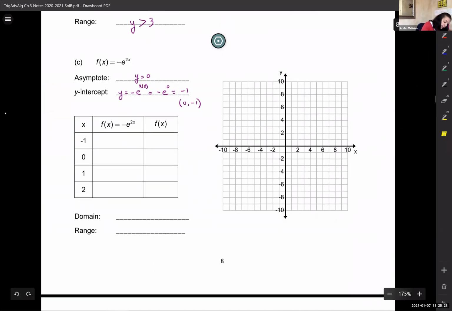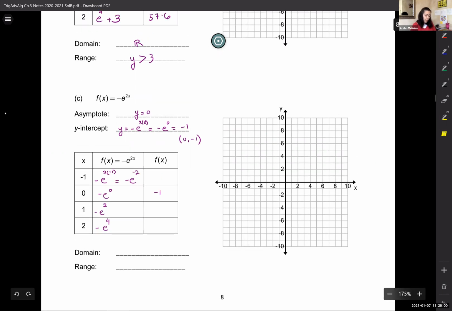All right, so here I'm going to have negative e to the 2 times -1, negative e to the -2, negative e to the 0, I just did it, negative e to the 2, negative e to the 4. Go ahead and put in those points, please. And then I'm going to call on people to tell me what they are. So go ahead and fill in those boxes.